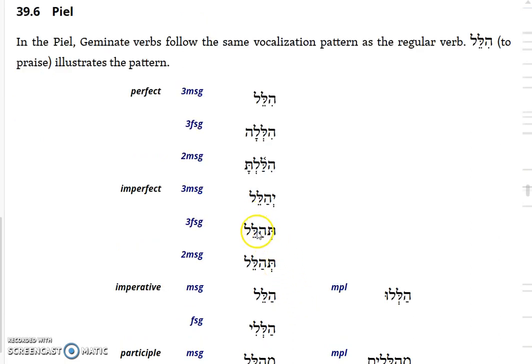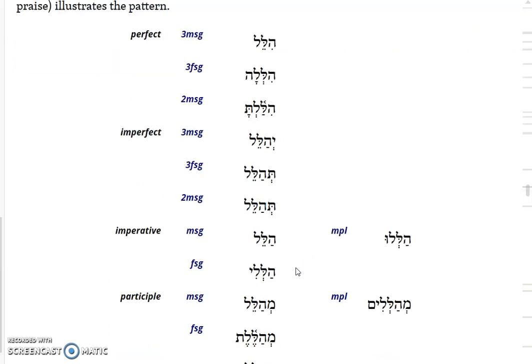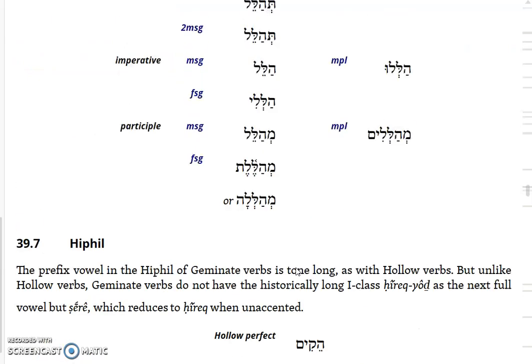By nailing down the middle consonant with a dagesh, you also limit what kind of mischief it can do. So it's a fairly regular pattern here. And of course the piel by nature will double the middle consonant.